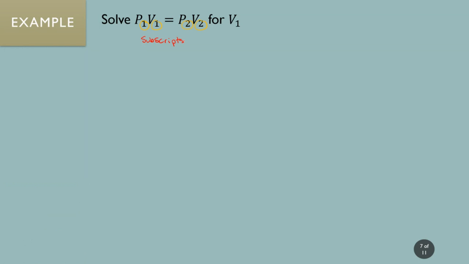And subscripts are labels. So it's just labeling these. It's just saying we have two variables with P, two variables with V. So we're just keeping them different by putting subscripts, the first one and the second one. So we are solving for V1.